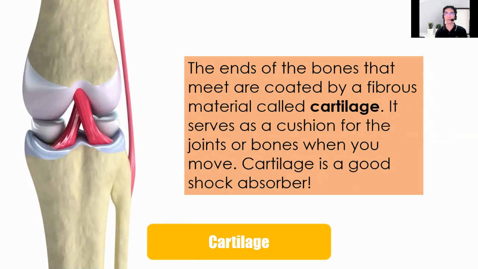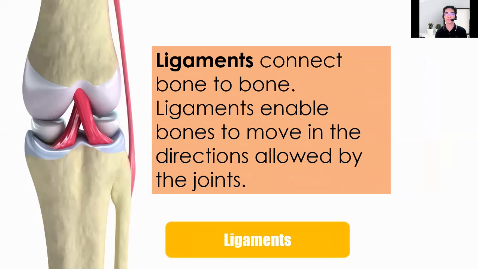The ends of the bones that meet are coated by a fibrous material called cartilage. It serves as a cushion for the joints or bones when you move. Cartilage is a good shock absorber. Ligaments. Ligaments connect bone to bone.